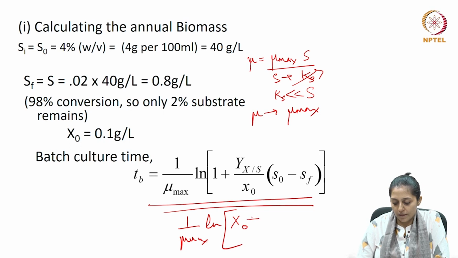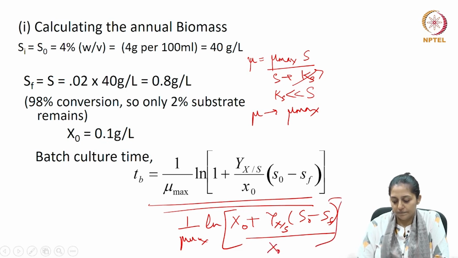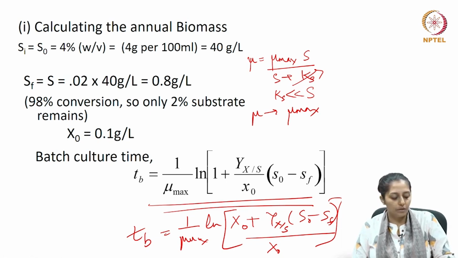This is x naught plus yx by s, s naught minus sf divided by sf, the final concentration, which we were calling S, versus x naught. This is going to give you the batch time. If you now put in all the known values, you will get an answer of 11.3 hours.